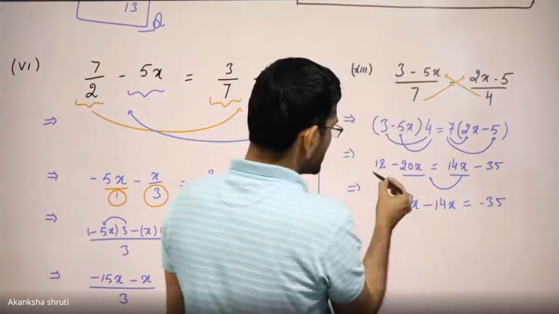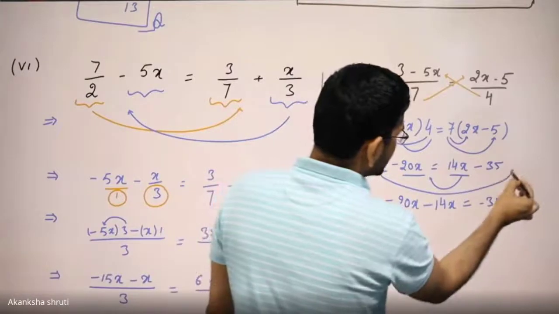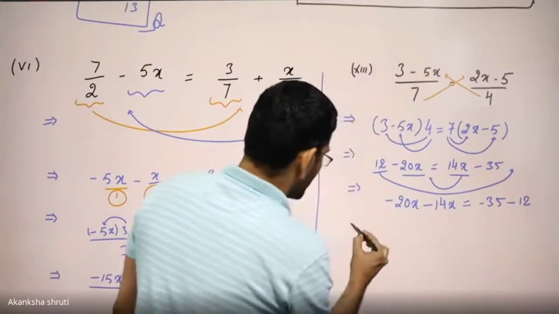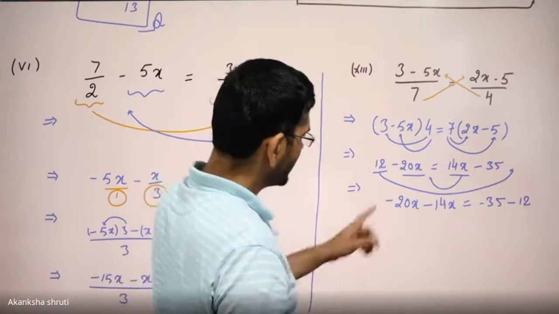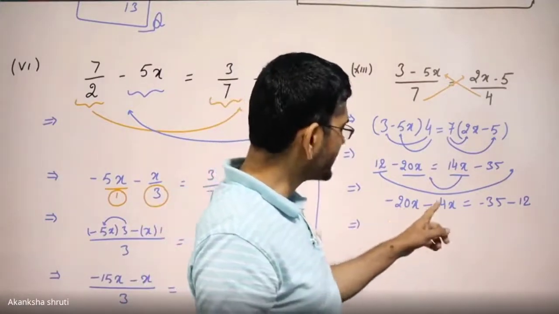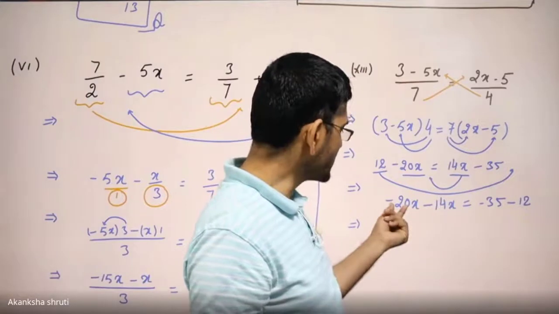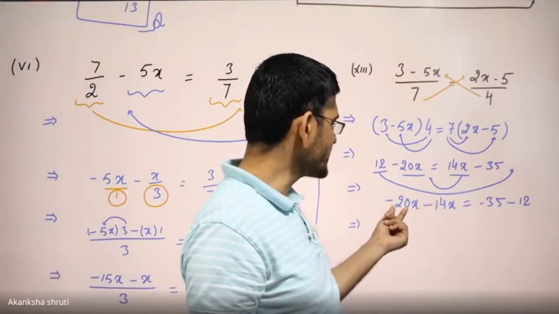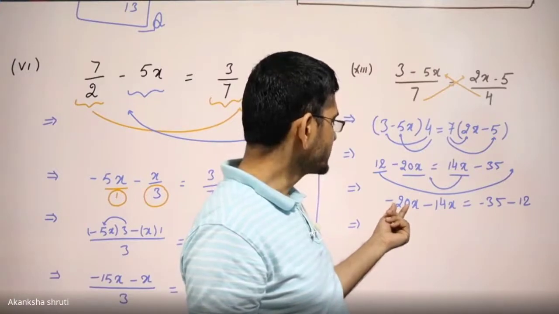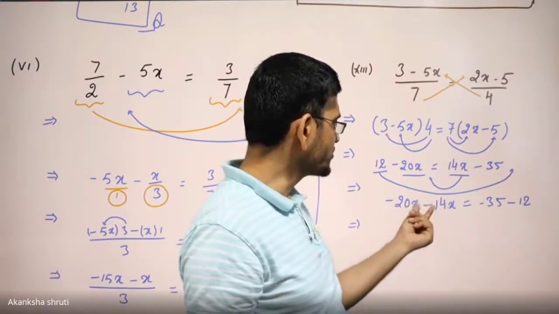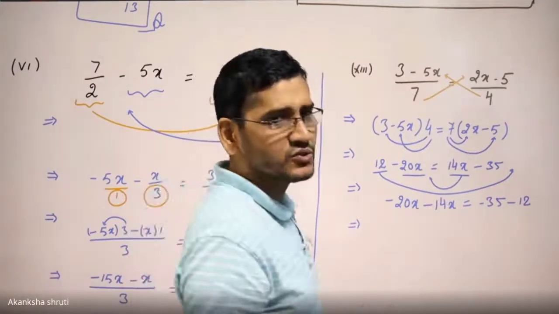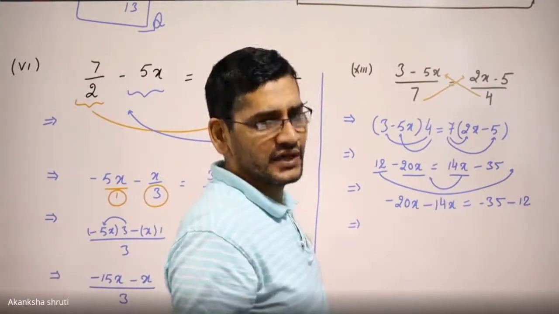Bring this 12 to the right hand side, its sign will change to negative. Now go for further simplifying. It is minus of 20x minus of 14x. Both these numbers are negative, so you just add this 20 with this 14, and keep this x as it is, because it is like minus 2 minus 3, it is minus 5.